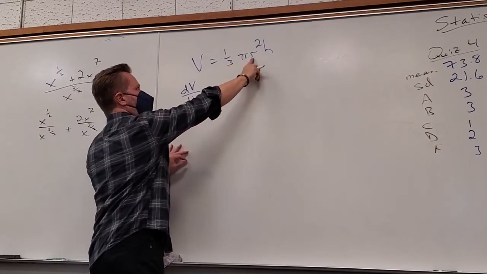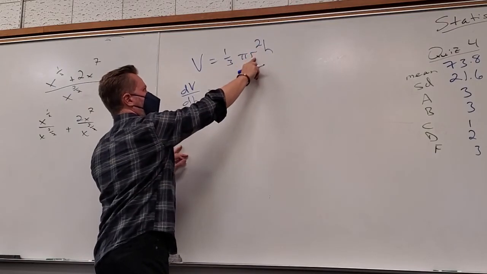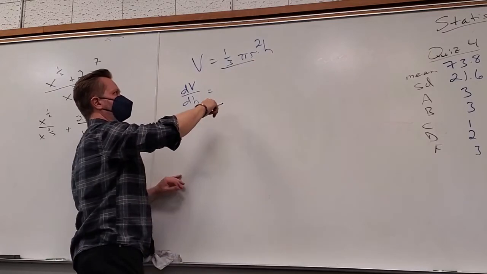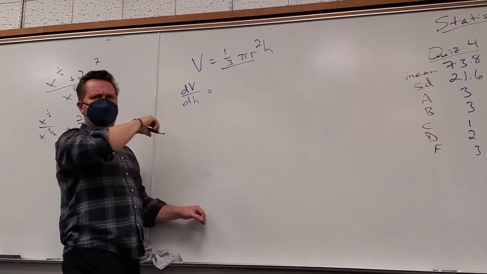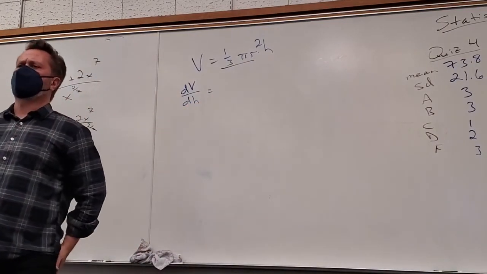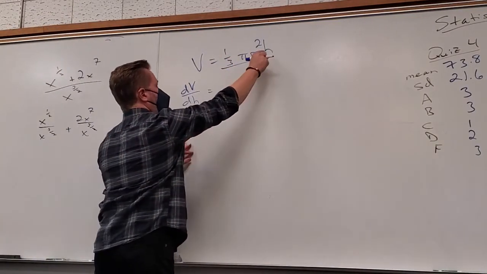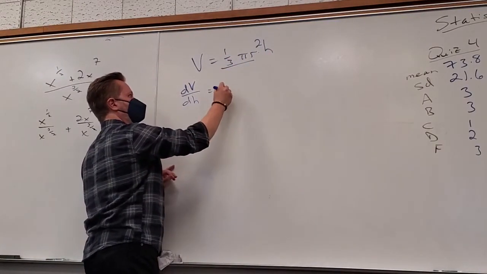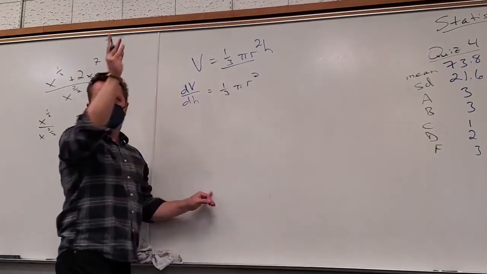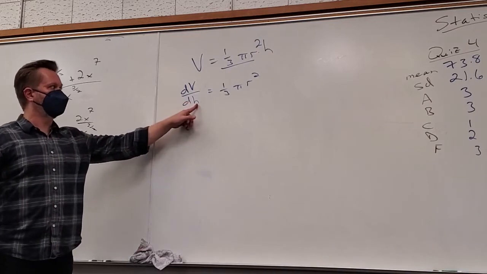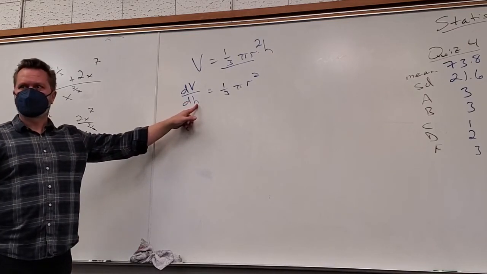So this is a constant. What's the derivative of constant times h? What's the derivative of 5x? Oh, 5. So what's the derivative of thing times h with respect to h? Thing. Bam, down. You see how it's with respect to height, not time.